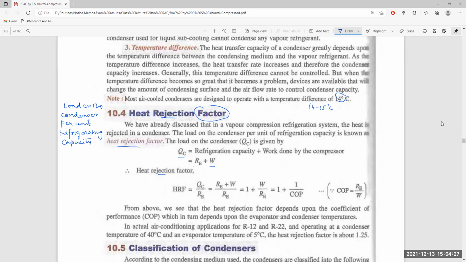QC divided by RE is the heat rejection factor: the load on the condenser divided by the refrigerating effect. That is as per the definition.